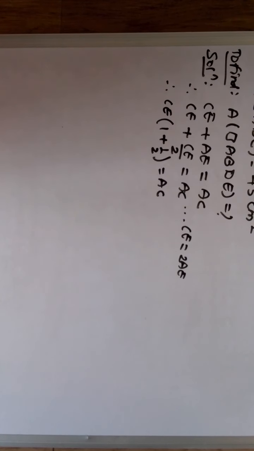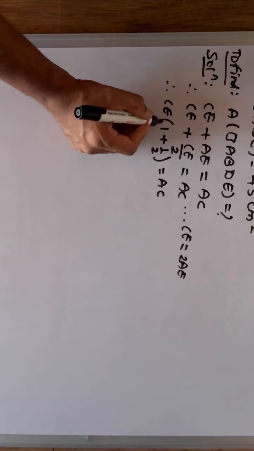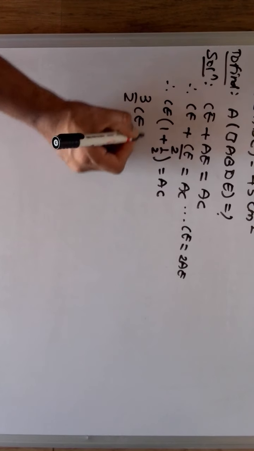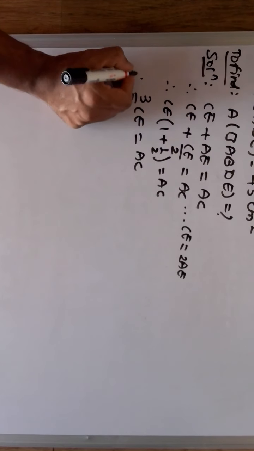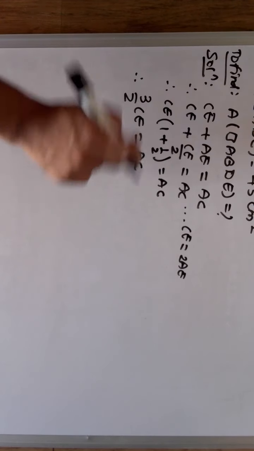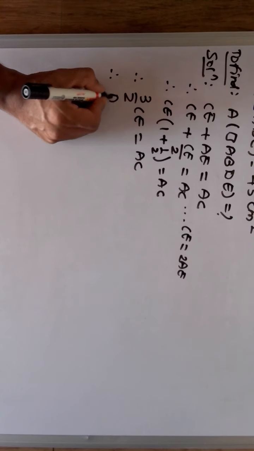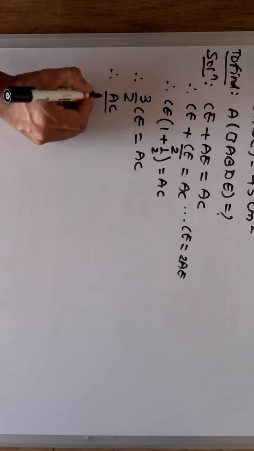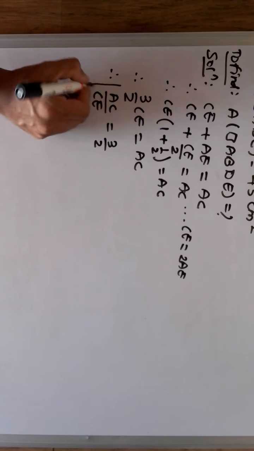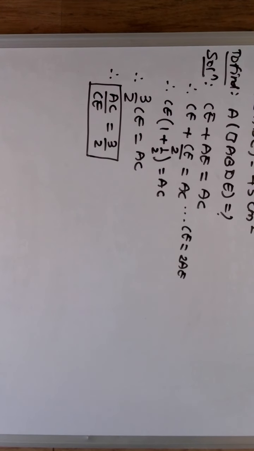Now 1 plus half is 3 by 2, you can also solve it generally: 2 ones are 2, 2 plus 1 is 3, that is 3 by 2 CE is your AC, right? That means if I take CE over here, AC to CE is 3:2. Very nice information I got. How to capitalize on this information, I will think on now.